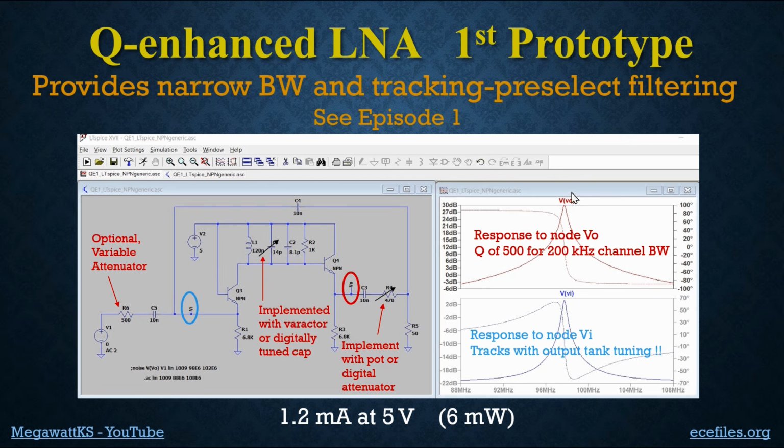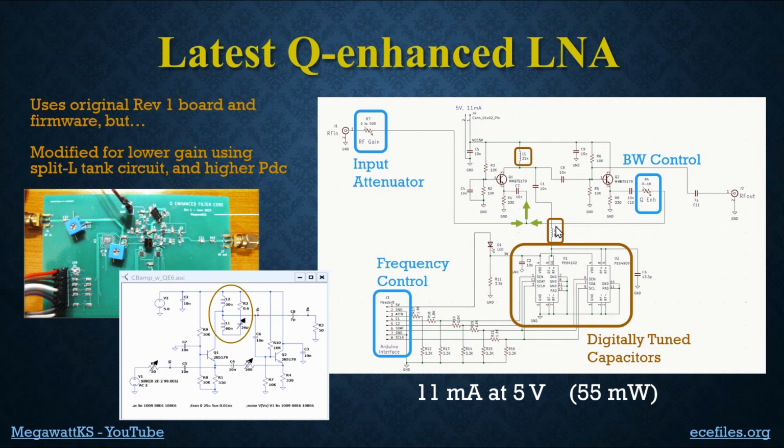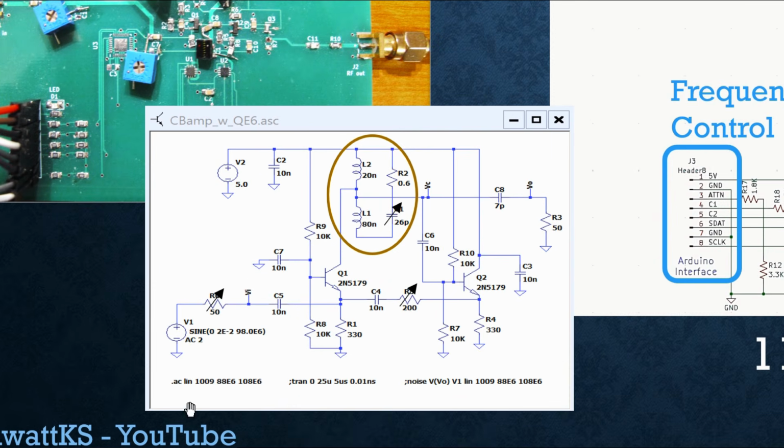The other thing that's different here, previously we had a gain of 30 dB to the final output, but that's too much. That's going to overpower the mixer. So we backed off on that by using a really cool RF design trick, and that's best seen over here on the lower left.